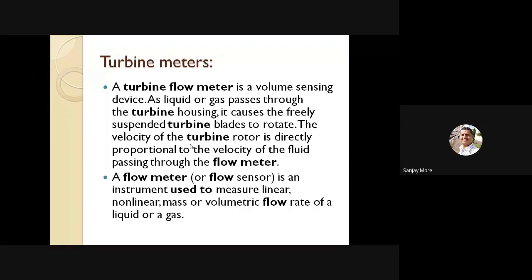A flow meter is used to measure linear, non-linear, mass or volumetric flow rate of a liquid or a gas. Full stop.